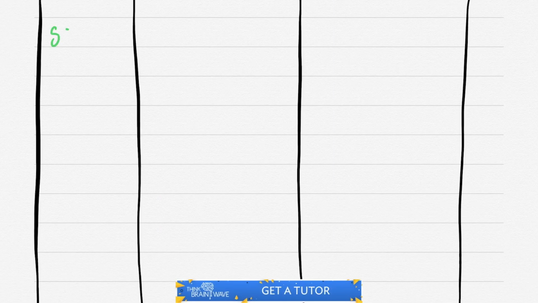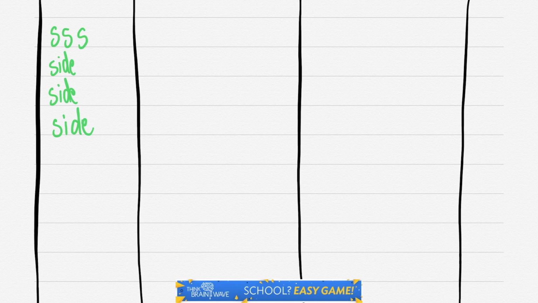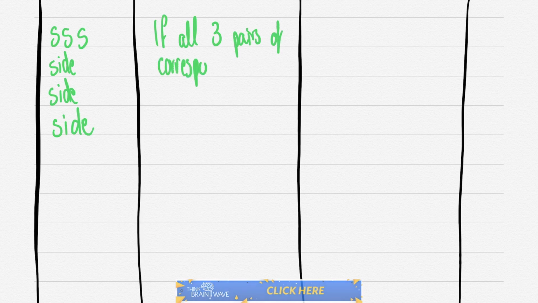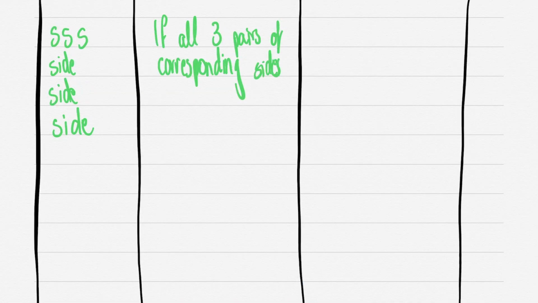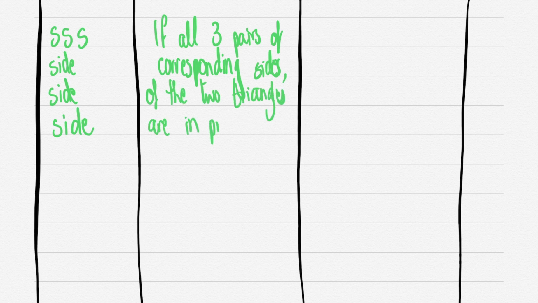Lovely. Our next rule is the SSS rule, where we have a side-side-side relationship. Now, if all three pairs of corresponding sides of the two triangles are in proportion, then we say that there is similarity between the triangles.